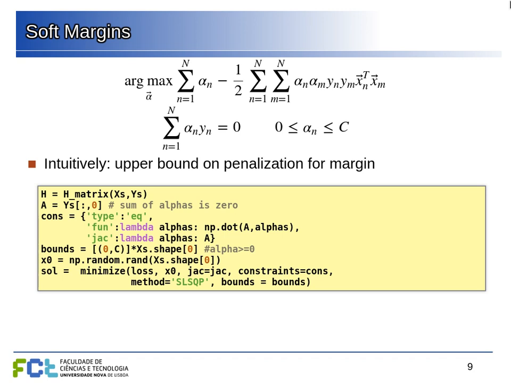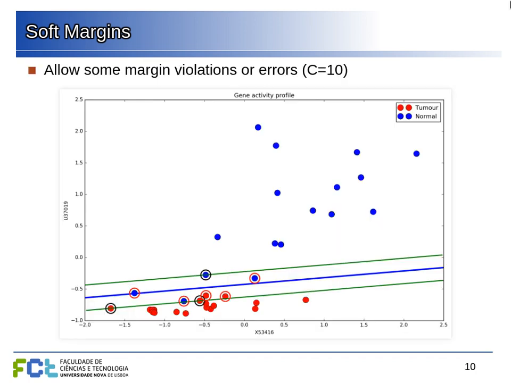We can do the same thing. So this is basically what I showed before, but the bounds for the alphas have this upper value of C instead of none, instead of going to infinity. And now we can find a solution for this problem, which was not linearly separable. Note that we have here a set of support vectors.